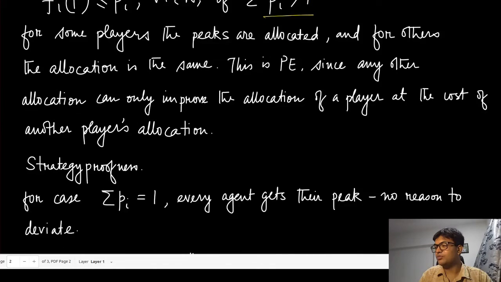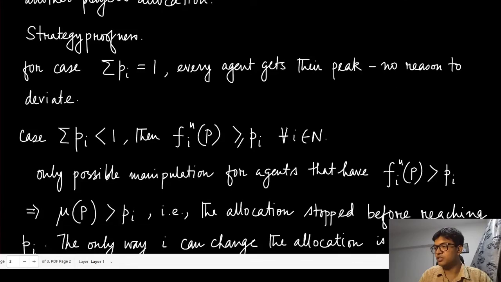Now let us come to the strategy proofness part, which is quite interesting. So in the first case, where the sum of the peaks is exactly equal to 1, there is nothing to prove. Everybody gets their peak, so there is no reason to misreport for any of these agents. Now case 1 is the case where the sum of the peaks is less than 1.